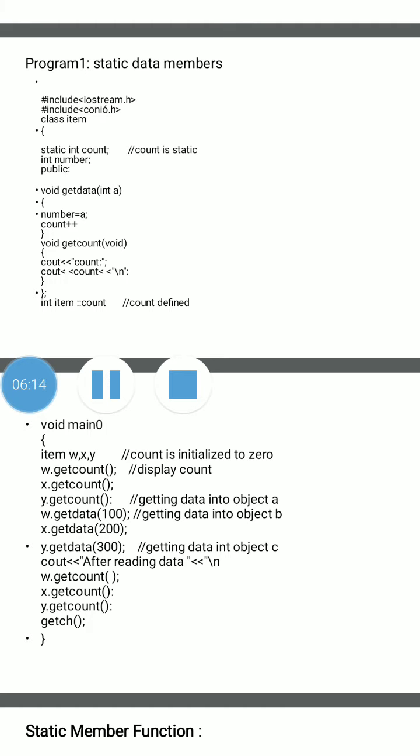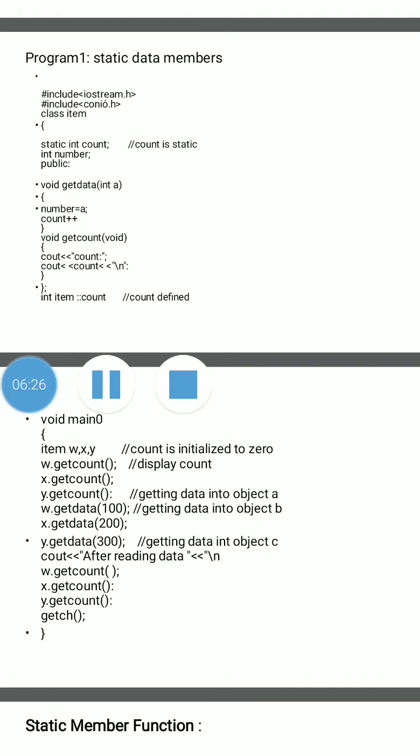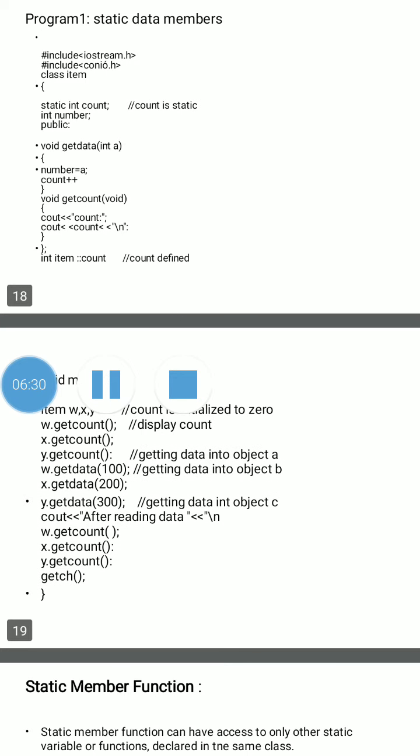Then integer number, one more variable or data member, that is number, that is normal, not static. Okay, void get data, then value parameter is passed to the a, and then increase the counter by 1. Then next display function, that is cout, display the count.